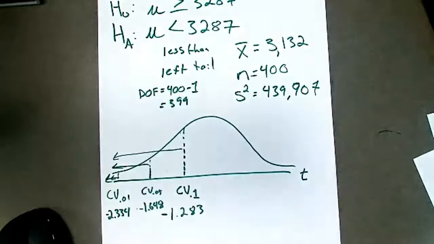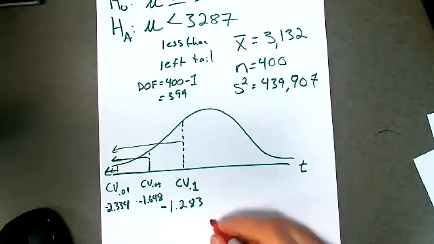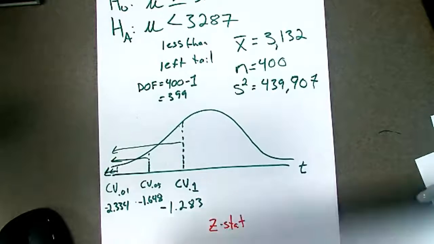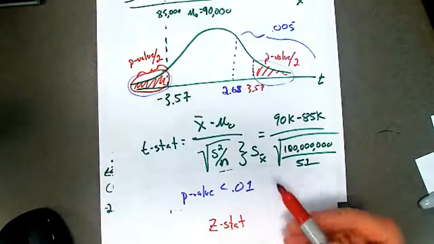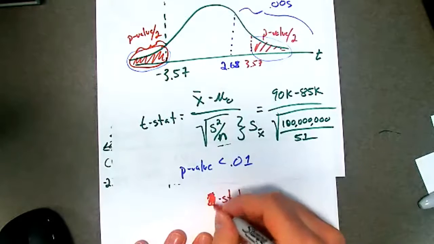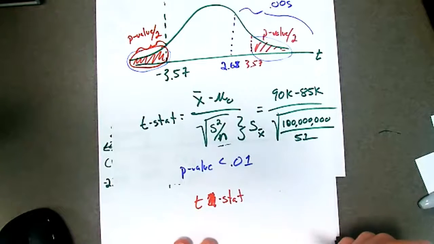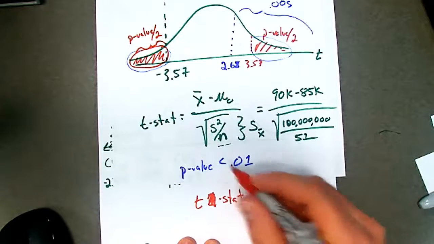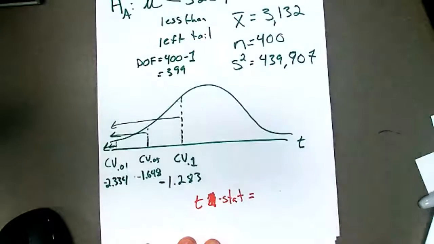Okay, good questions. So I'm going to calculate my test statistic. I'm not going to write the whole equation out again. I'll show you on the formula sheet where this is. We have the format here, and I put Z. That was wrong. We only have a sample variance, so I'm using a student T table, so I have a T statistic. I've got my sample mean minus my assumed true mean.